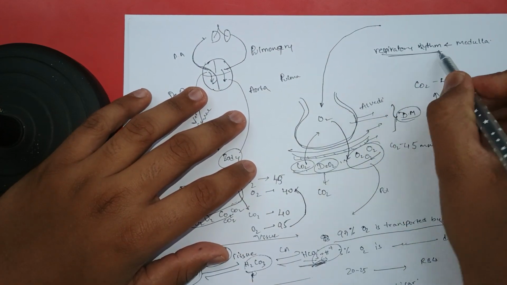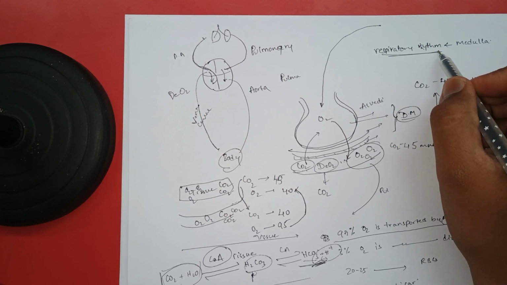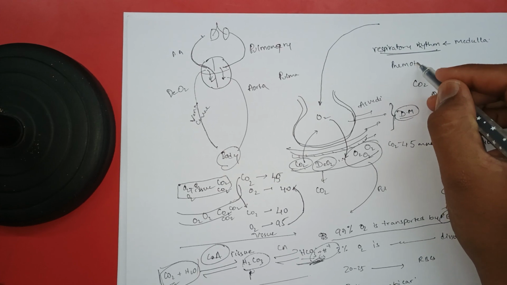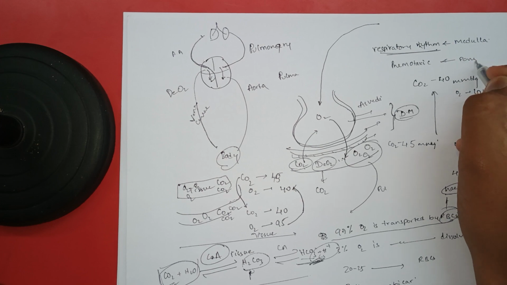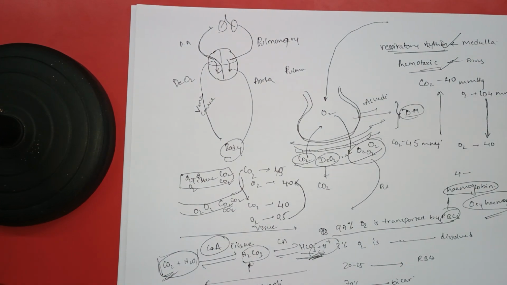It is primarily responsible for the regulation. Another center, present in the pons region, called the pneumotaxic center, is also responsible. This is secondarily responsible, and the other is primarily responsible.